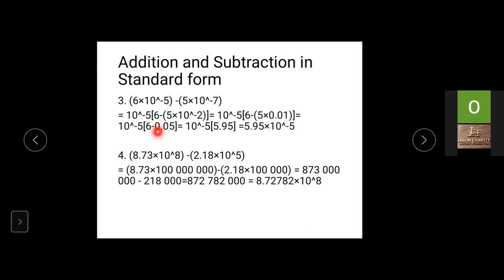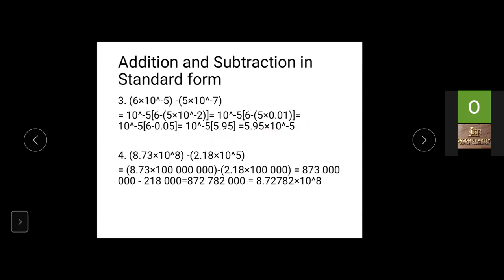And then outside the bracket, we still have our common term, which is 10 raised to the power of minus 5. When we subtract 0.05 from 6, we have 5.95. So we have 10 raised to the power of minus 5 times 5.95 as our answer. If we want to write this out in ordinary form, we should have 0.00595.